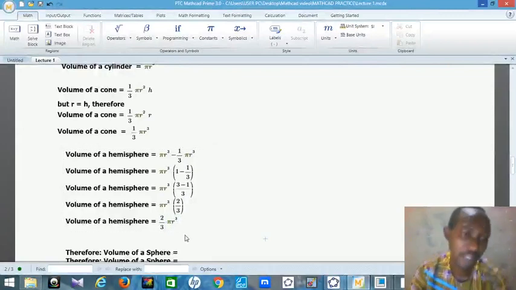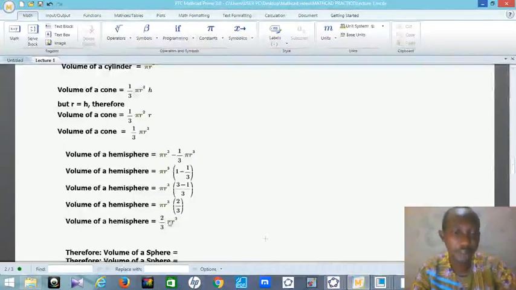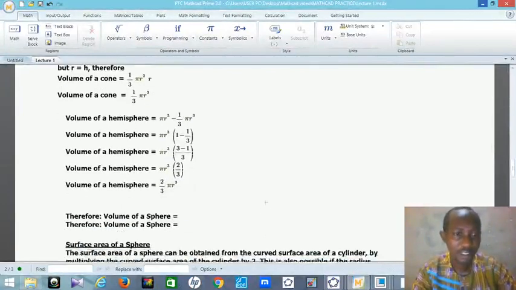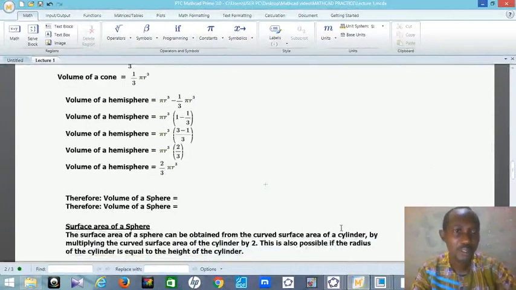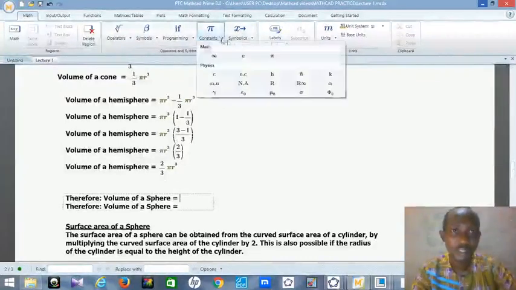So this is the volume of a hemisphere, 2 over 3 pi r cube. That is it. Now that I have my volume of a hemisphere, and a sphere is 2 times a hemisphere, a hemisphere is half of a sphere. So all I just need to do is to multiply the hemisphere by 2.